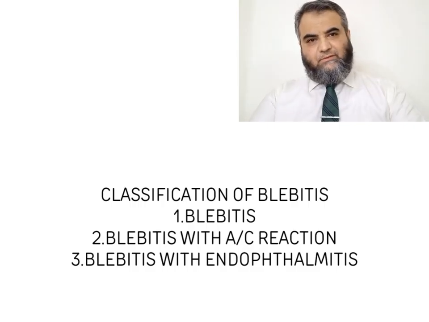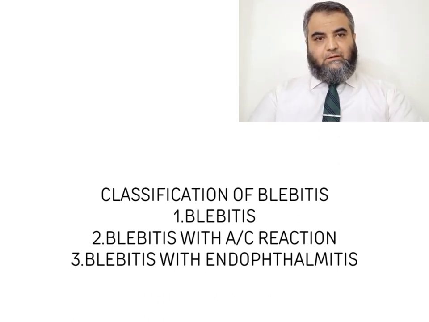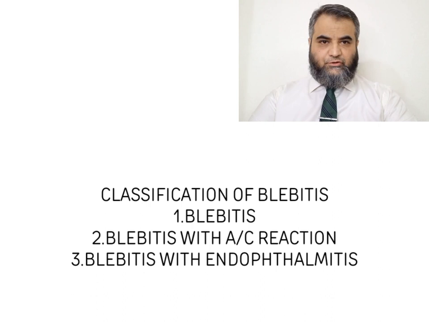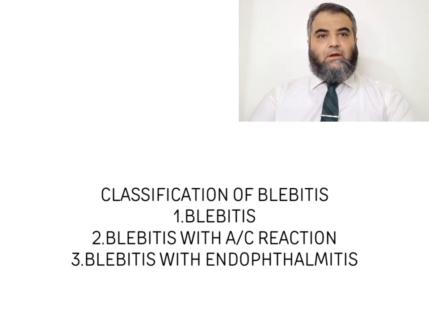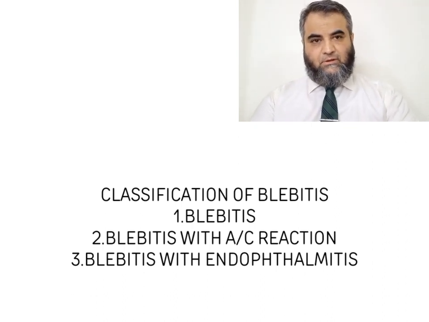Once these patients develop endophthalmitis, the endophthalmitis protocol has to be followed: intravitreal injections of vancomycin and ceftazidime along with a vitreous tap, and topical fortified vancomycin and ceftazidime eye drops should be given half-hourly alternately.